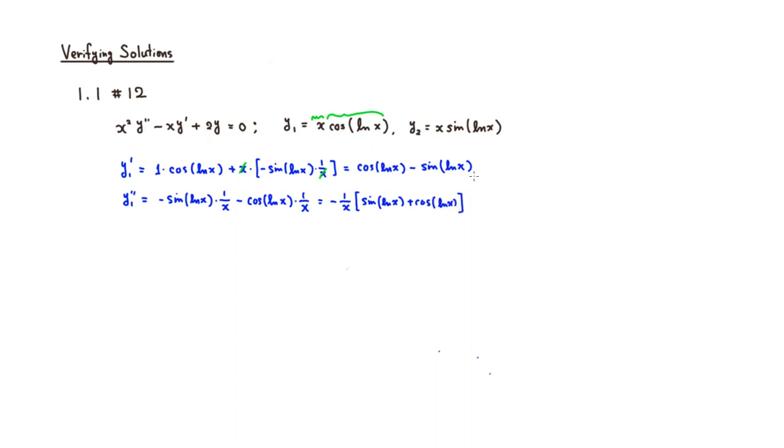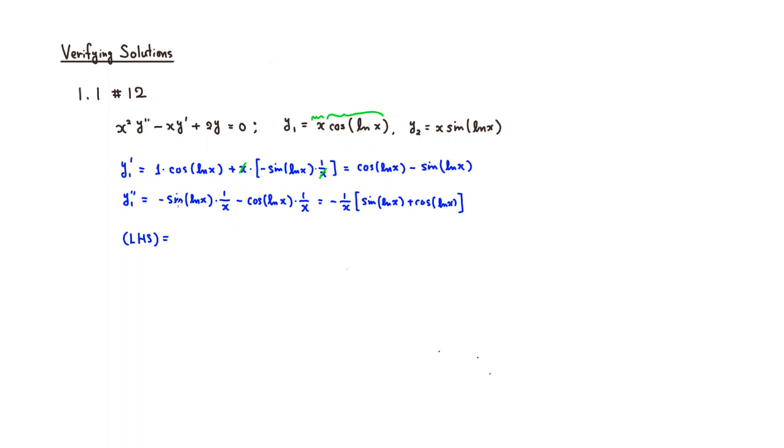So we found the first derivative and second derivative, and all we have to do is plug them in to see if we get 0 on the right hand side. Let's start with the left hand side of the differential equation. It's going to be x squared times the second derivative.